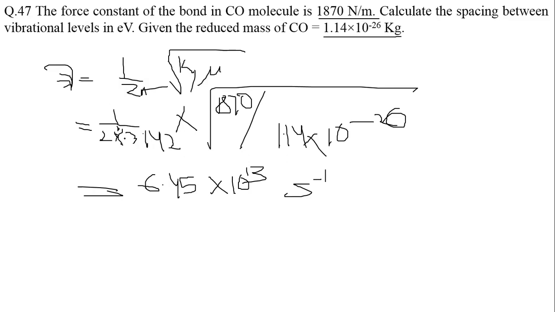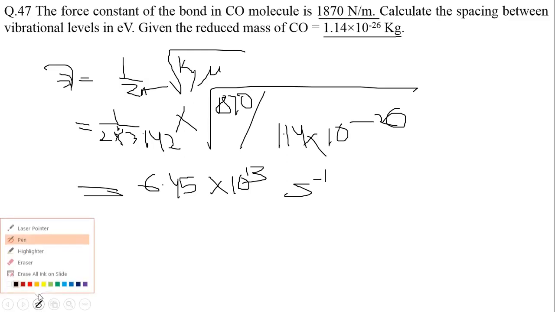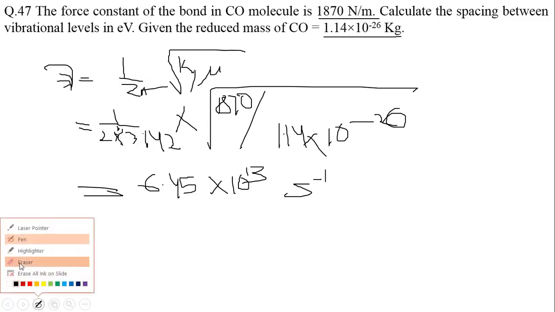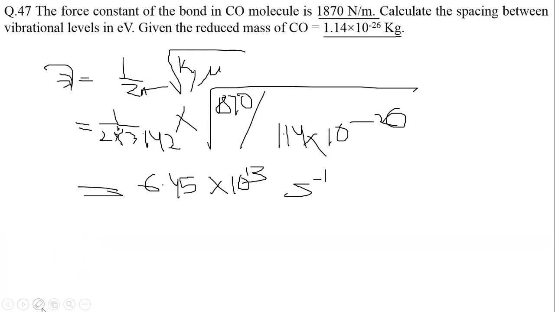So the frequency is 6.45 into 10 to the power 13 second inverse, and we know the separation between the two levels is h nu, because it is the energy separation. If the vibrational levels are denoted by v, then in case of vibration, it is 0, 1, 2, 3, 4 like that.